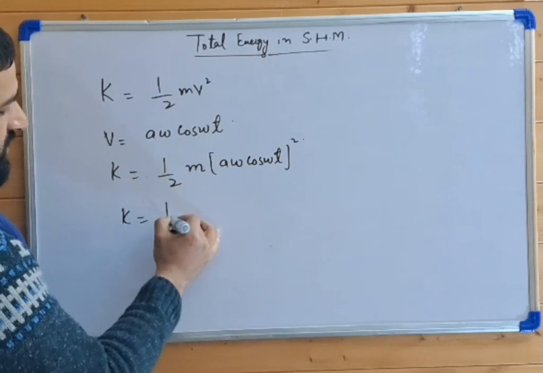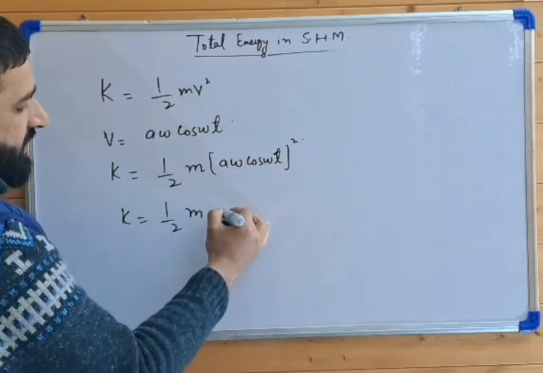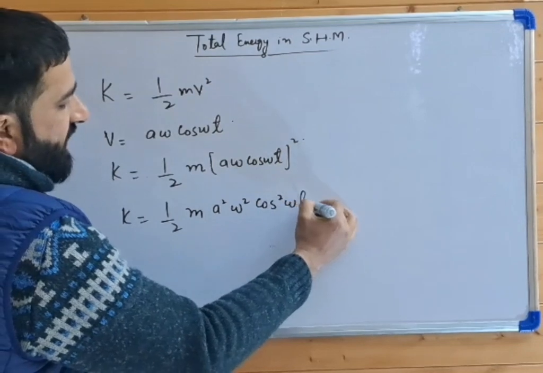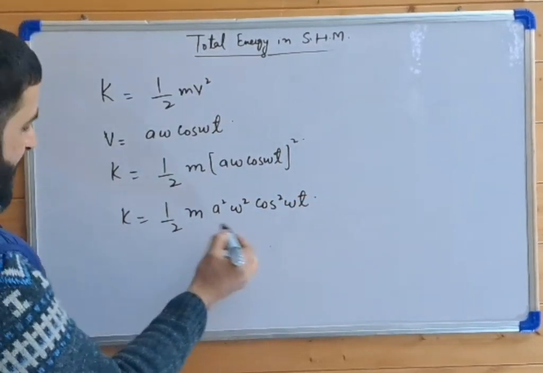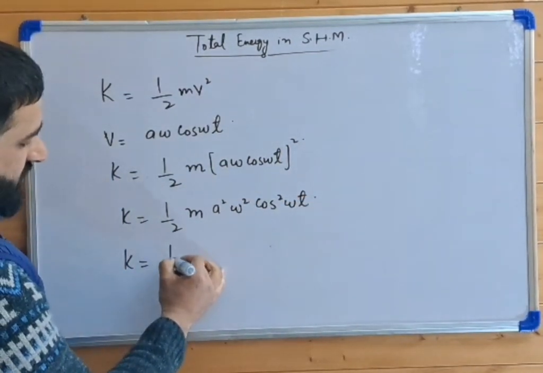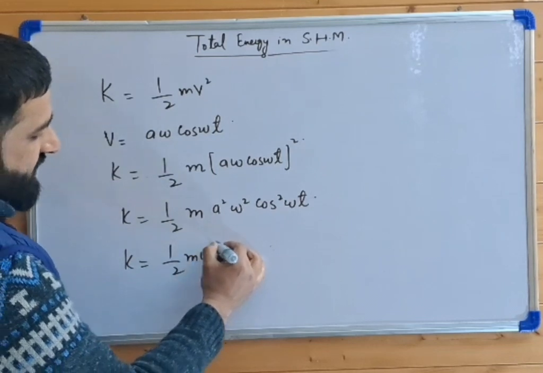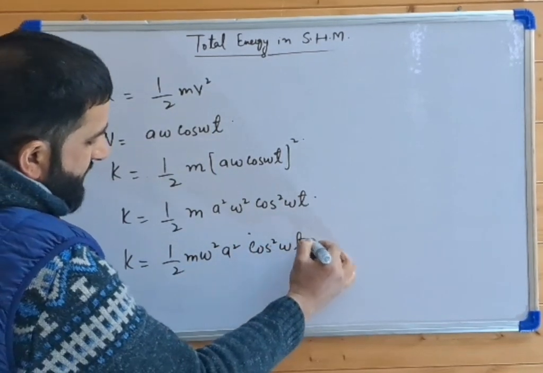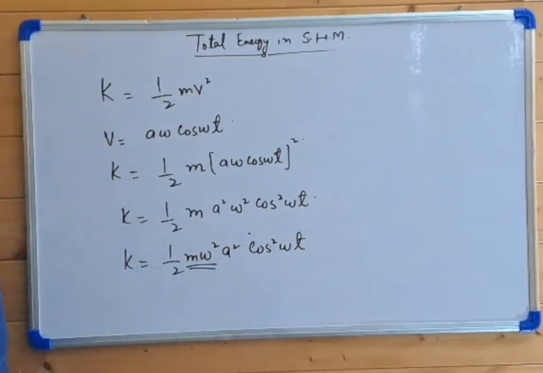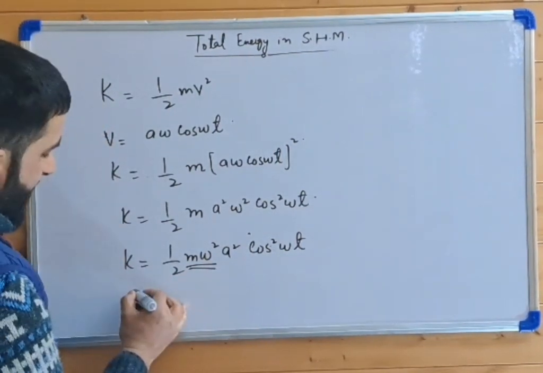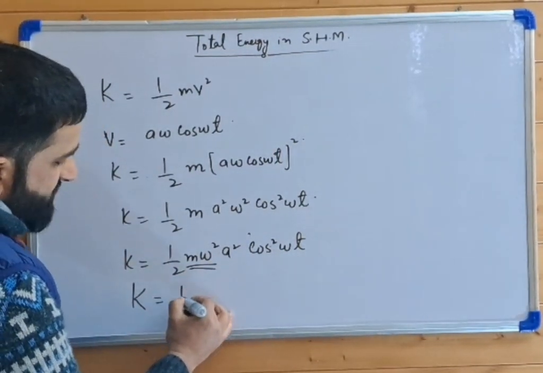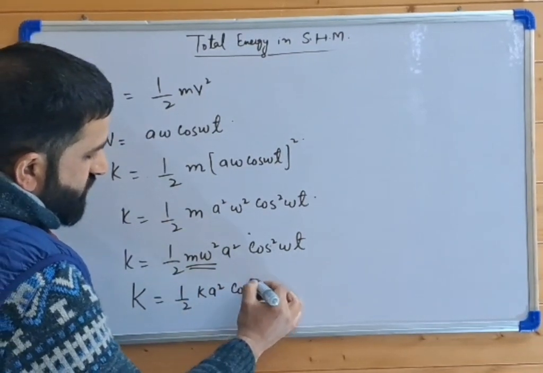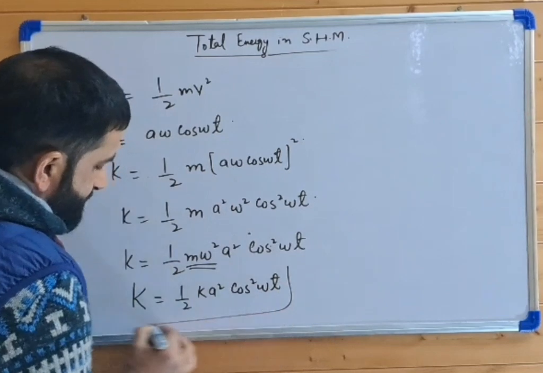So K is equal to 1 by 2 m a square omega square cos square omega t. Now K is equal to 1 by 2 m omega square A square cos square omega t. This m omega square is the force constant, that is k. So kinetic energy is equal to 1 by 2 k A square cos square omega t.